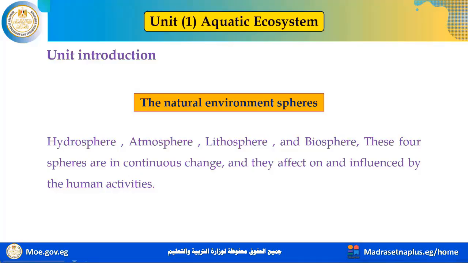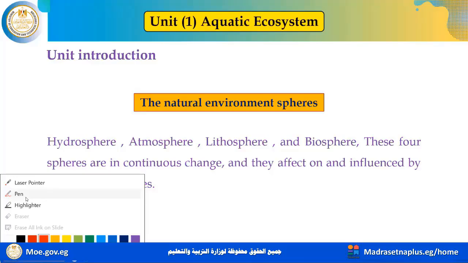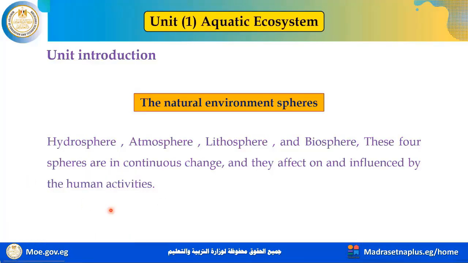Okay, let's use the laser pen to clarify more for you. So this is the hydrosphere, as I mentioned before, and this is the atmosphere, which includes what? Good, the air and the different weather features. And this is the lithosphere, which includes the rocks, the solid part of the earth. And the biosphere, which includes what?